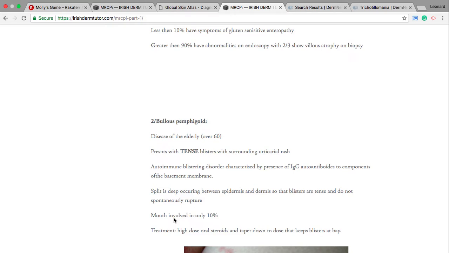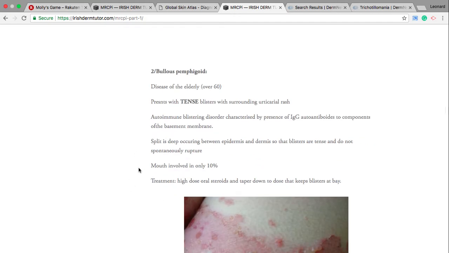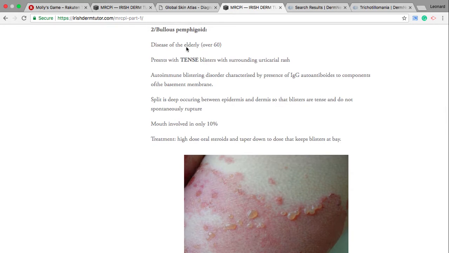So there's bullous pemphigoid and there's pemphigus vulgaris, and there's differences between these which are really easy targets for MCQs. So bullous pemphigoid is a disease of the elderly, and in bullous pemphigoid you present with these tense blisters with usually a surrounding urticarial rash.